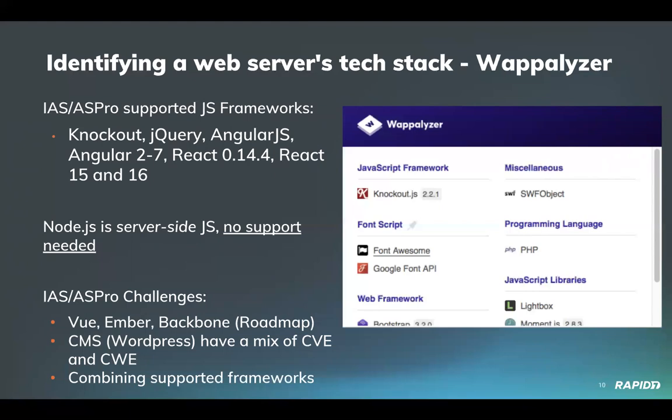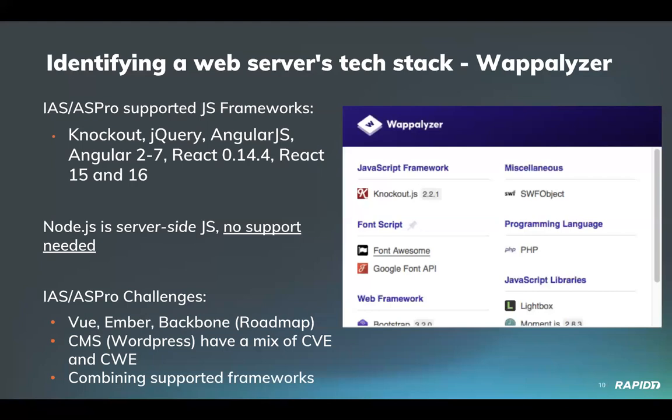I get asked pretty frequently about Node.js. JavaScript is just a general language, right? It's just a syntax. JavaScript can run on the endpoint, which is what it's most famously known for, running in your browser to do things like animate stuff. But JavaScript can also run out on the server. So Node.js is server-side JavaScript.